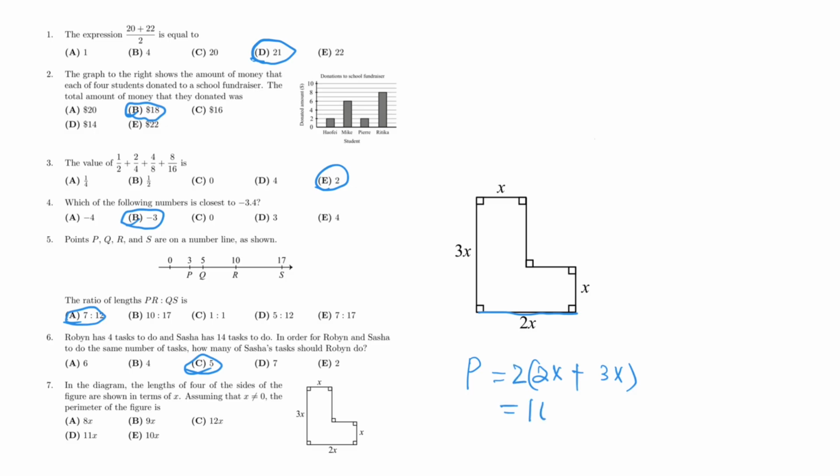So that's 10x. If we draw the rectangle like this, the top side equals the bottom. The two tick marks on one side equal the tick marks on another. So that means the perimeter equals 2x plus 3x, times 2. So that's the answer E.